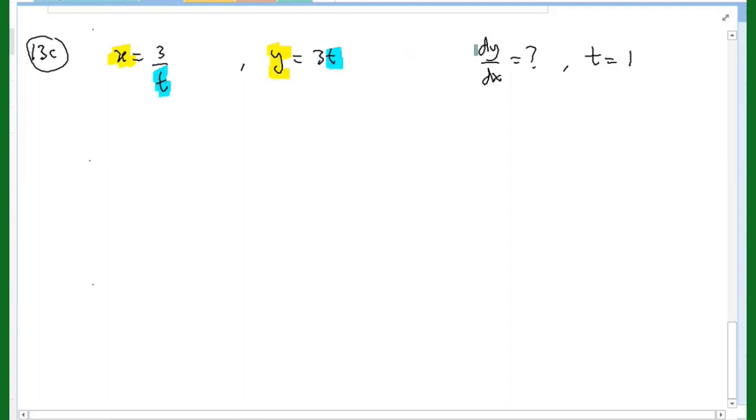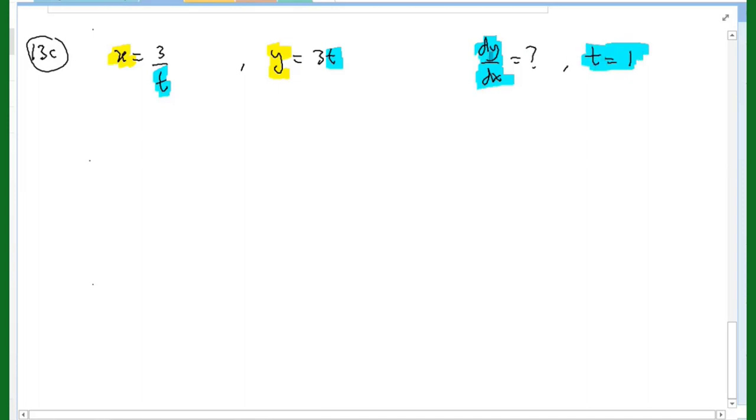So find dy dx, not dy dt. The variables are y and x, but given x in terms of t and y in terms of t. Find dy dx at t equal to 1.